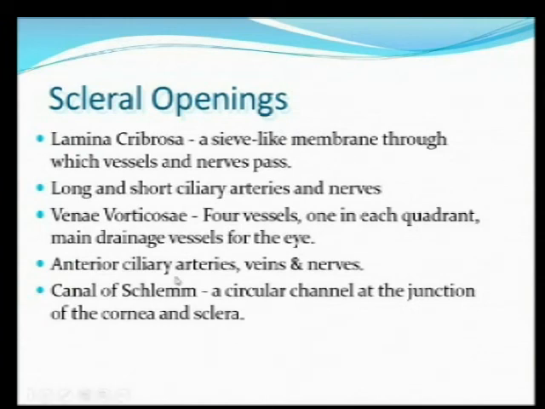You also have some that punch their way through the sclera up closer to the limbus. And then right near the limbus, you have a circular channel called the canal of Schlemm, which is where the aqueous in the anterior segment drains from the eye.